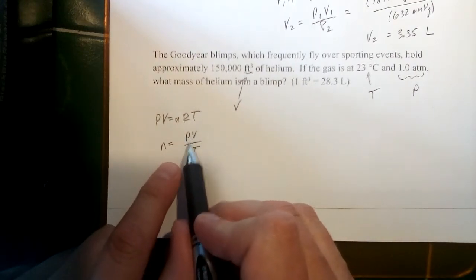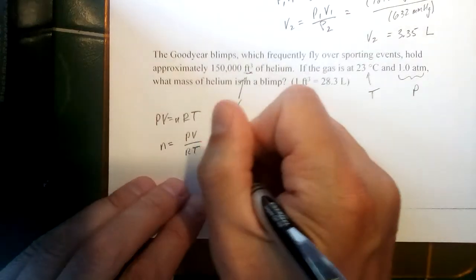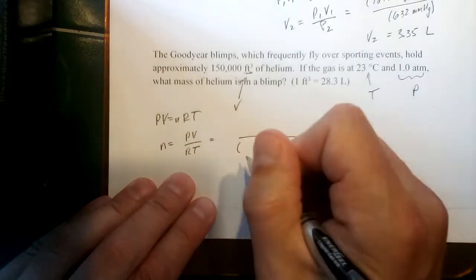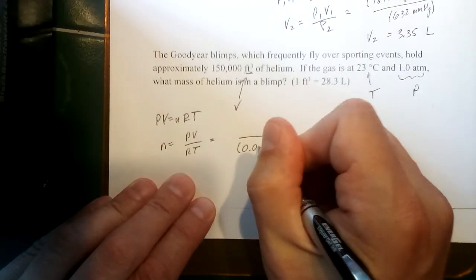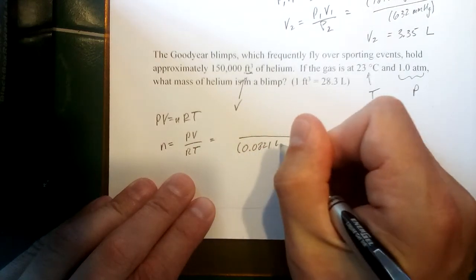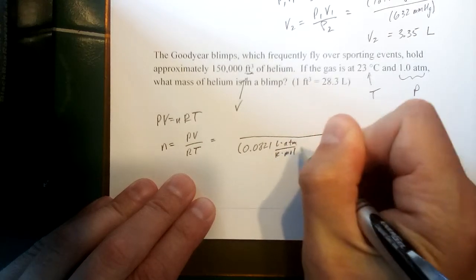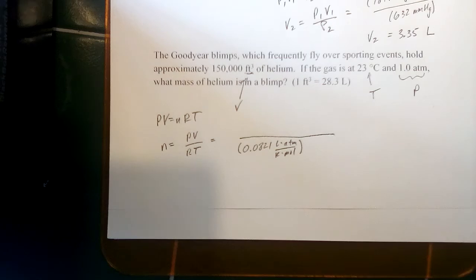Okay, now all we have to do is plug in P, V, R, and T, but what I'm going to do is I'm going to put R in here first. And R is on the bottom, and we said before R is 0.0821 liter atmospheres per Kelvin mole. Now, for my class at least, I will always give you R on a test.